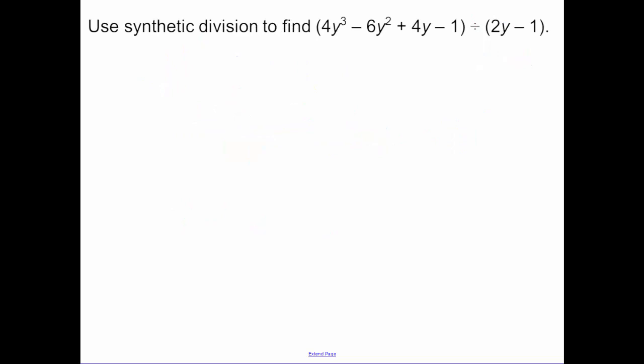Okay, this is our last example. Using synthetic division to divide these polynomials. So, using synthetic division to divide those, the coefficient on this has to be 1. So what I'm going to do is I'm going to write it like this.